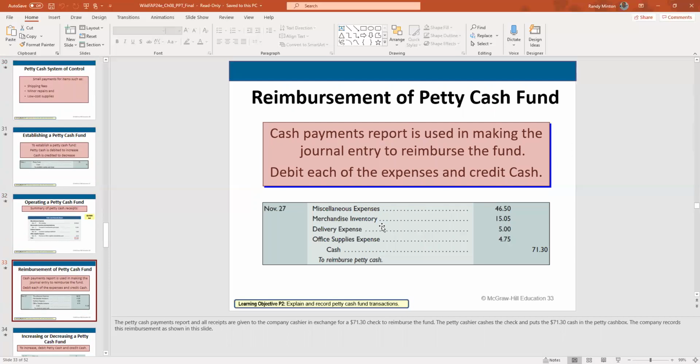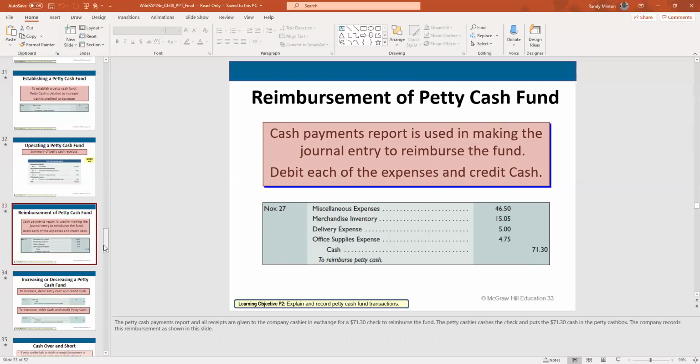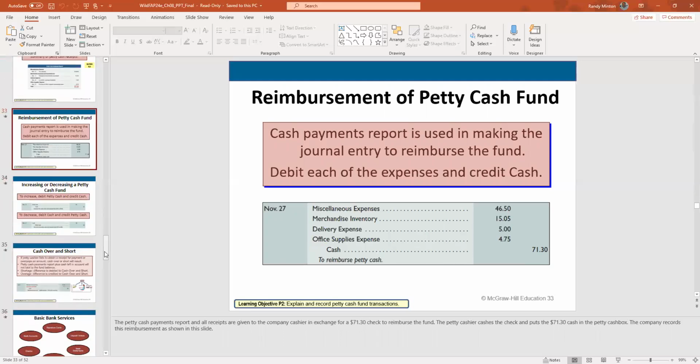In this case, we bought some merchandise, maybe at the hardware store, plus delivery expense, office supplies, stamps, and those sorts of things. Then cash: we took a check to the bank for cash and got $71.30 worth of actual cash that we put back in the petty cash fund.